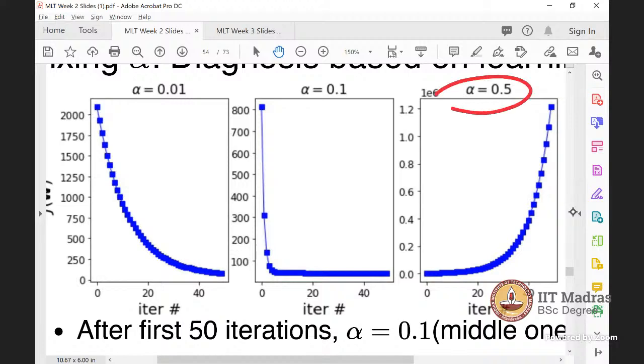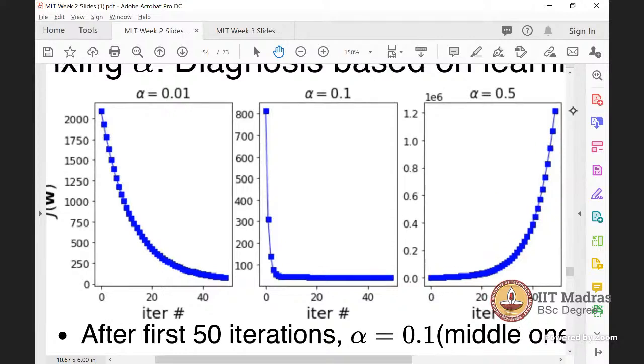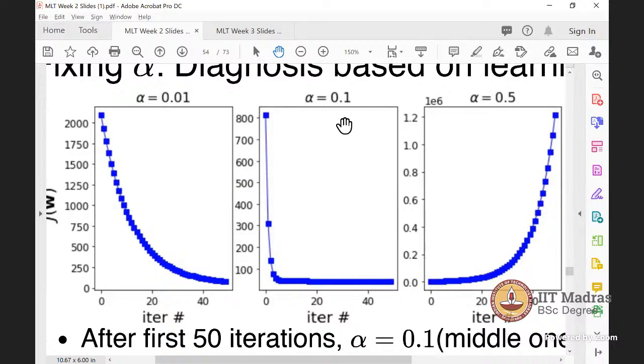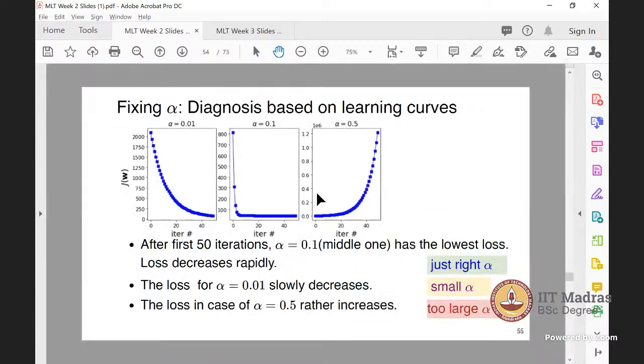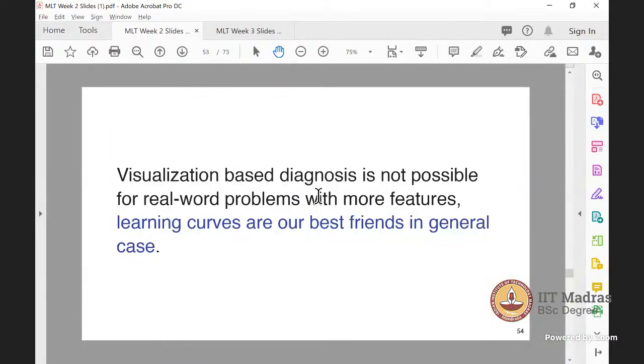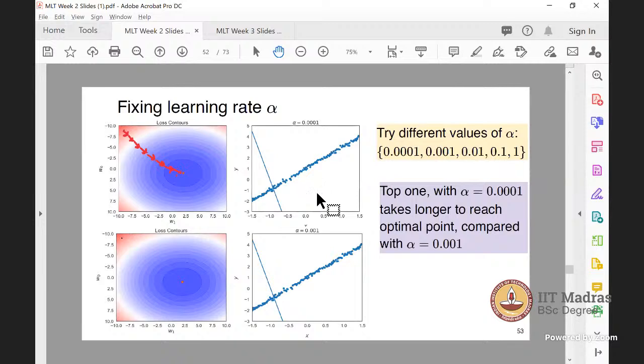But what happens if we put in a very large learning rate? What happens to our gradient descent algorithm? It might actually start diverging. Maybe I should go to the previous slide and explain this one. So what happens if we take a very large value of alpha?